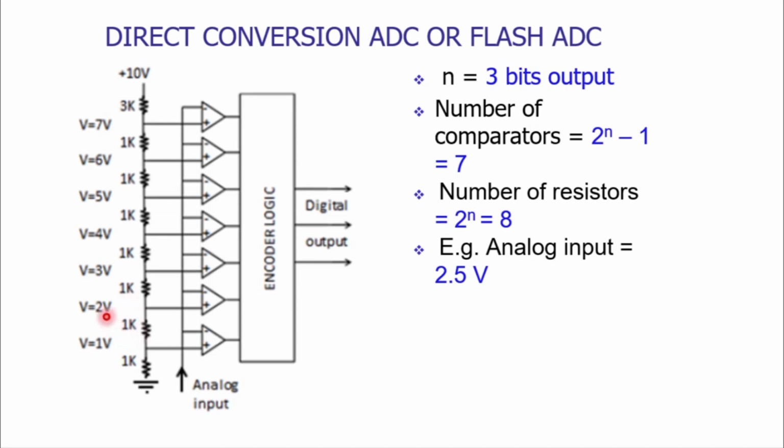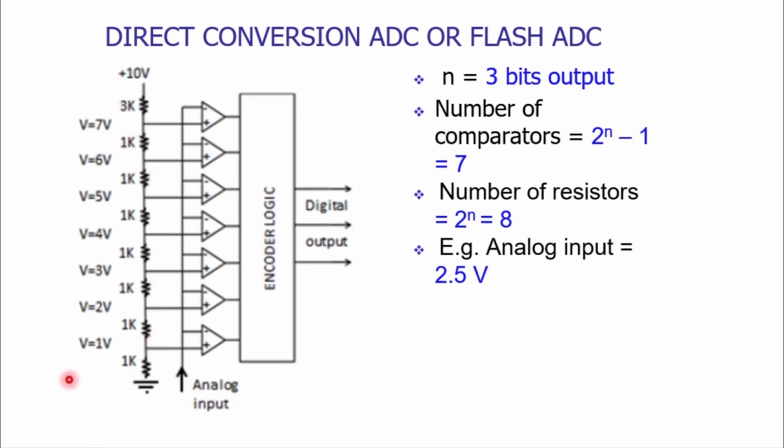Then there is an increment of 1 volt to make it 3 volts, then 4, 5, 6, 7, and at the last it would be increased by 3 to have the maximum value of 10 volts for the conversion.